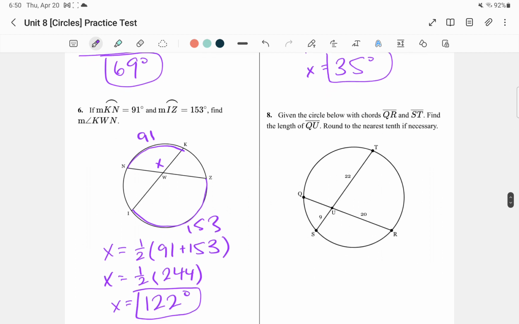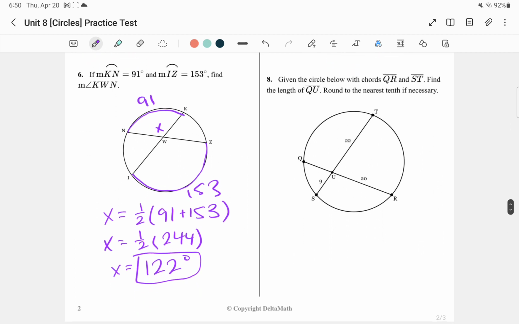Number 8. So now for number 8, when we have chords that intersect, so it looks a little bit like number 6, except we're not looking at the angle, we're looking at the segment. So the segment relationship is the products are going to equal the products. The product of this chord that's been intersected is going to equal the product of this chord that's been intersected. So I'm going to write x times 20 is equal to 9 times 22.